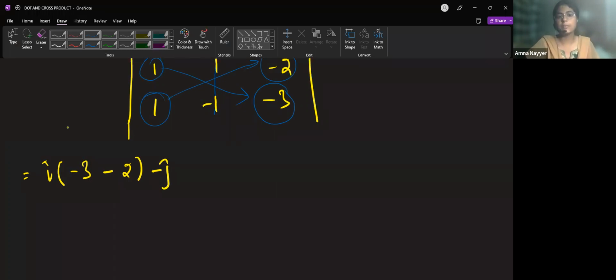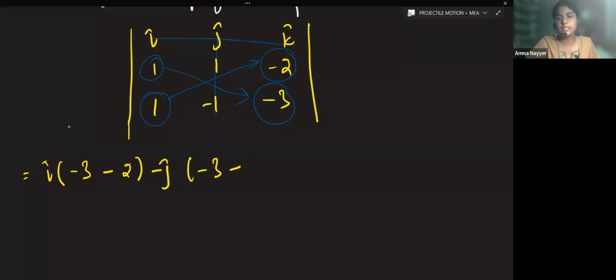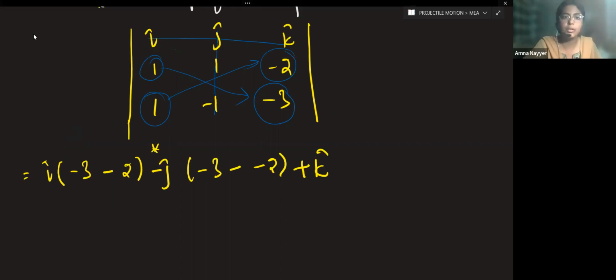So this becomes minus 3 minus 2. Then you write plus K cap. Remember, for J cap, you always write minus. I have told you in the last class as well, for J cap, always write minus.